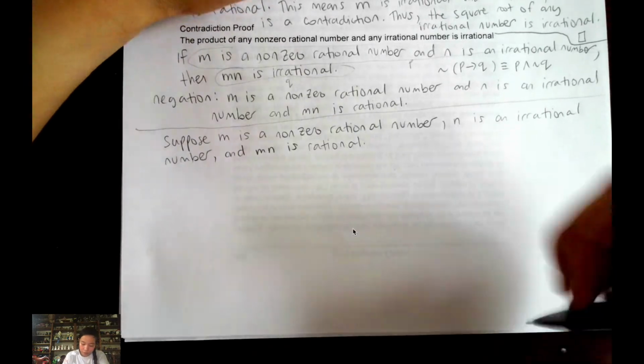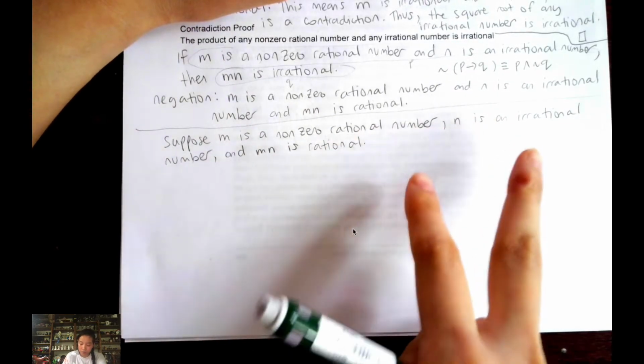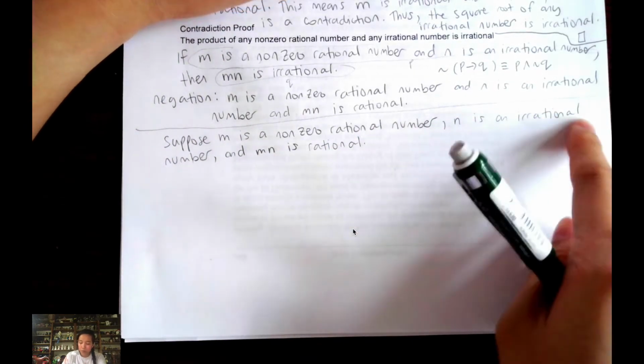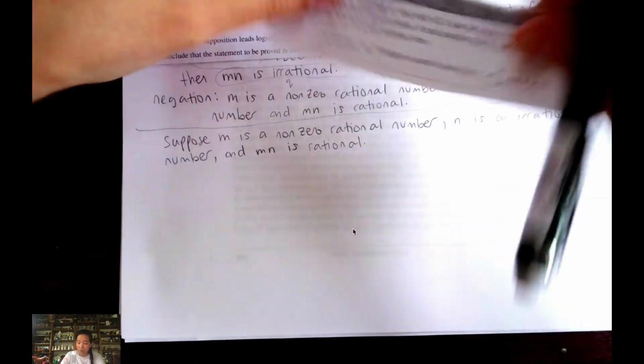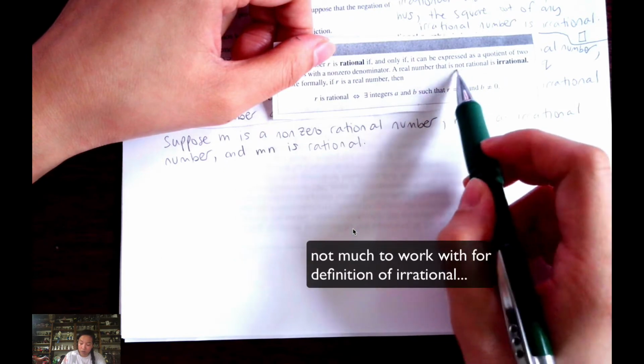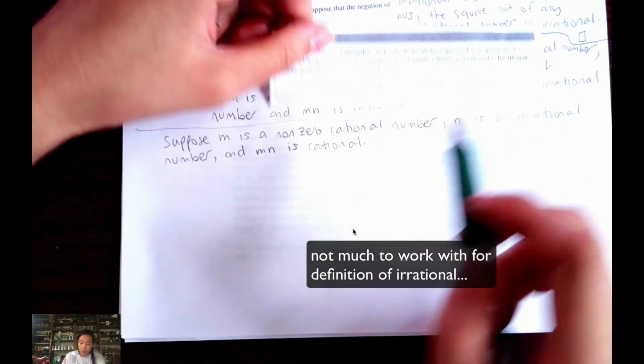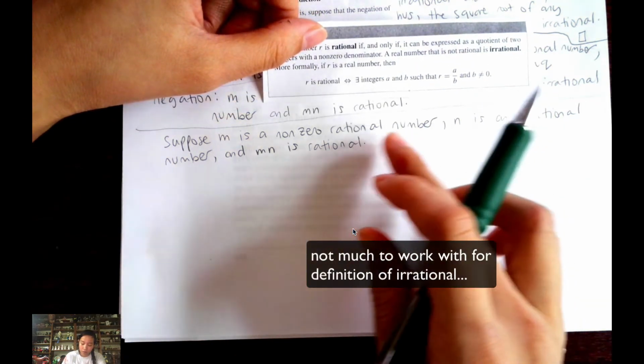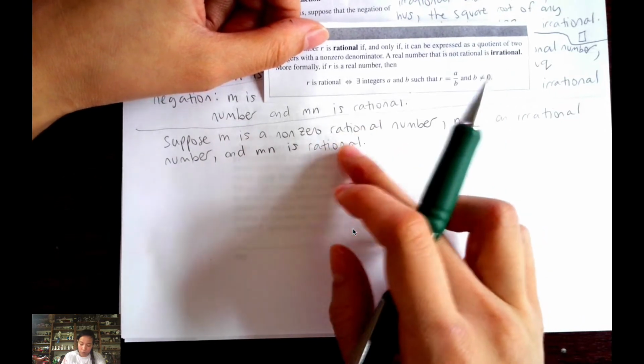So now we have to use the definitions in the proof. We can't really define what irrational means, since the definition of irrational is not rational. So we want to define all of the rational variables.